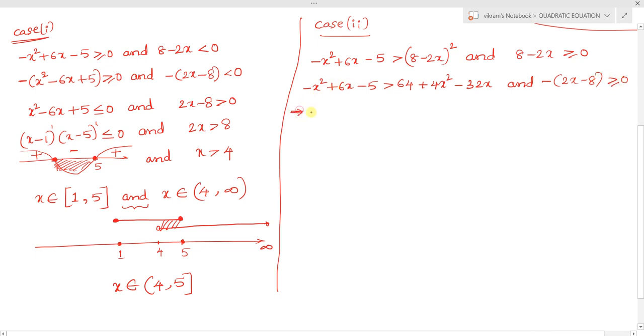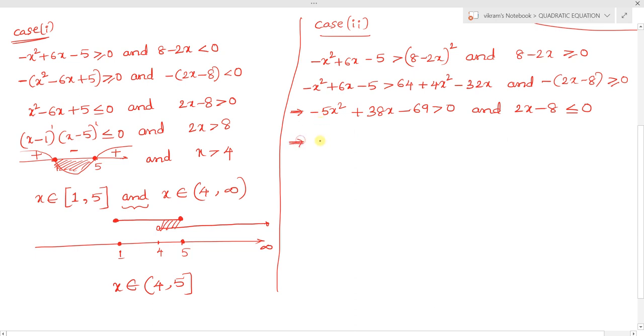What will we obtain? Minus 5x squared, 4x squared will come here, plus 38x, and minus 64 minus 69 greater than 0. If we multiply the inequality with the negative sign, it changes the inequality: 2x minus 8 less than or equals to 0.